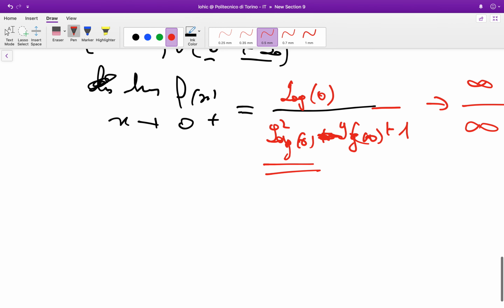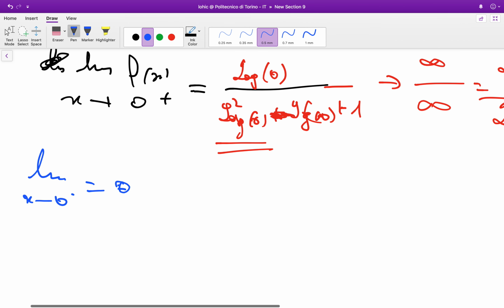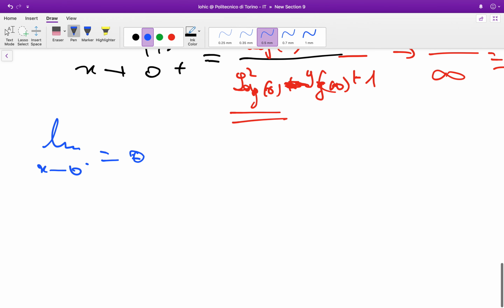Now we got the limit at 0 plus, so it's clear that the limit when x tends to 0 minus would also be exactly 0. Yes or not? This is due to the fact that the function is even. Now let's do the limit of f of x when x tends to plus infinity.